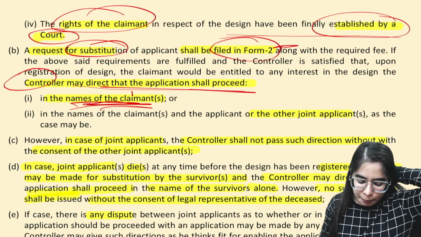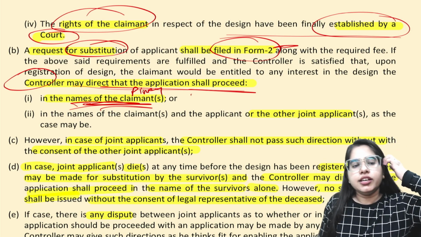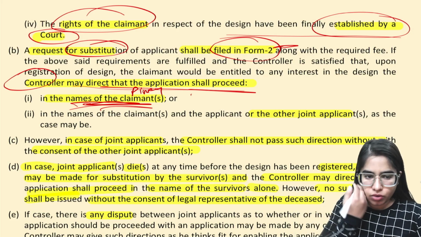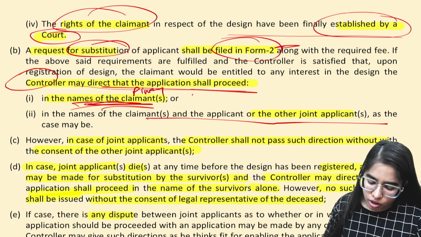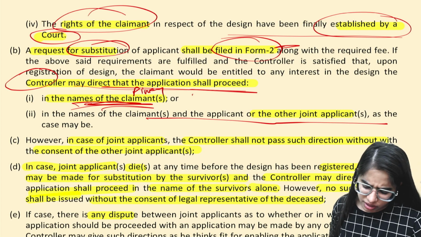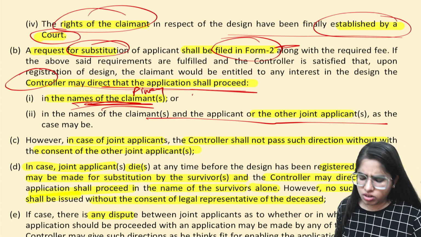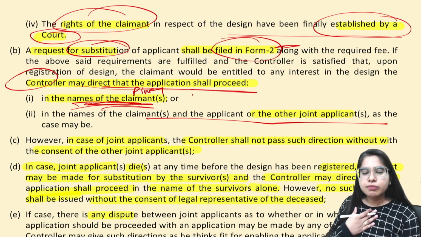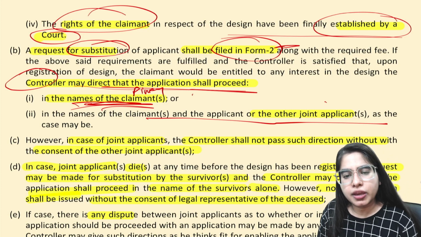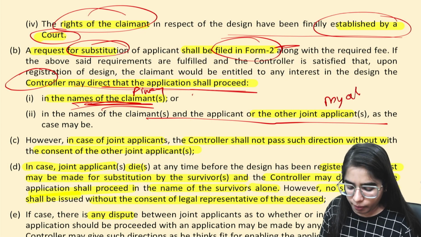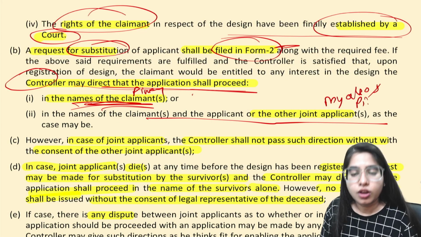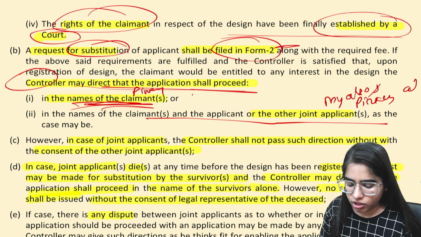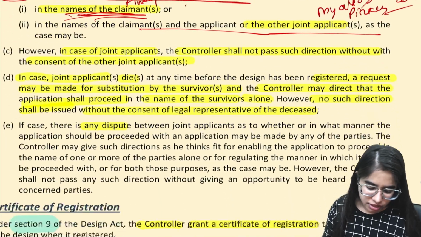Who is the claimant here? Pinky. Yes, to transfer it in the name of Pinky, or in the name of the claimant and the applicant, or the other joint applicant. Or you can say, okay, please keep it in my name also and Pinky's name also. That means joint claimants. Okay, this thing you can do.